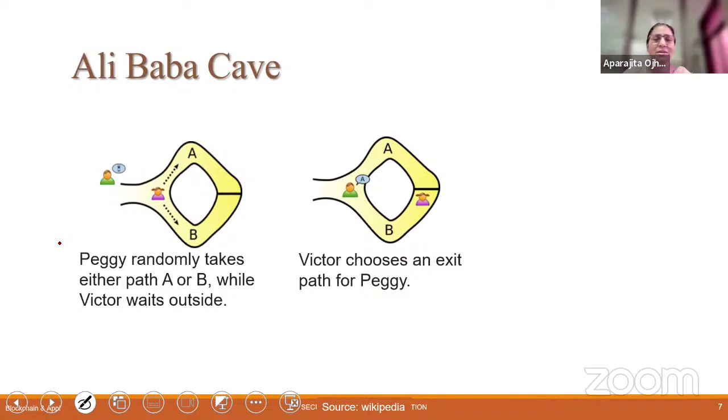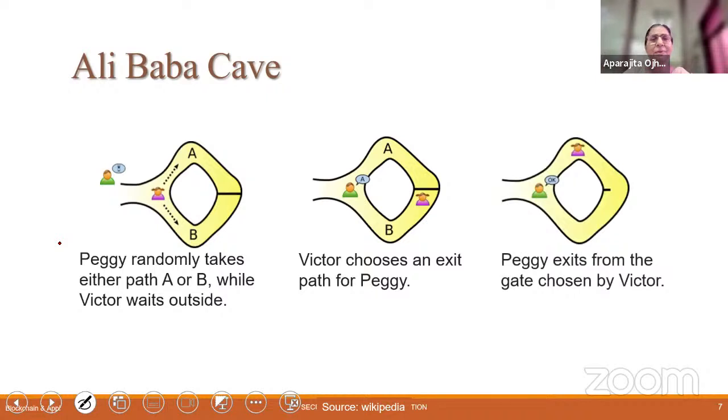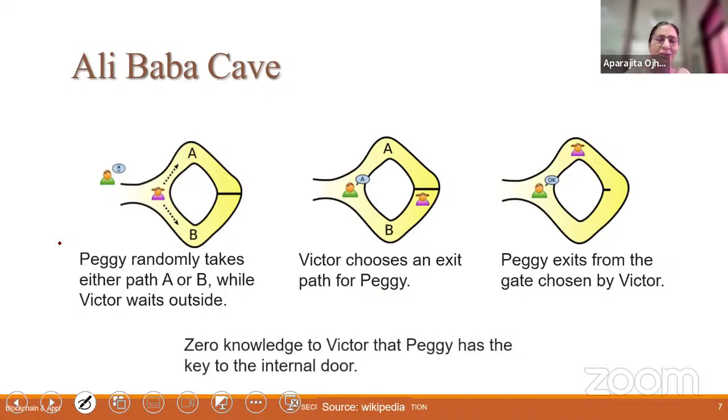So Victor chooses an exit path for Peggy. Peggy goes through a path, and then Peggy exits from the gate which is chosen by Victor, right? So what is this? Zero knowledge to Victor that Peggy has the key to the internal door, or Peggy has the route by which she can come out of the cave from any direction that Victor suggests.